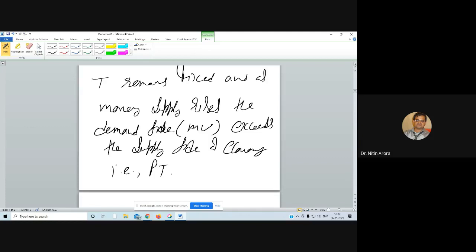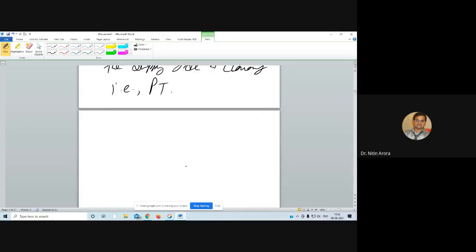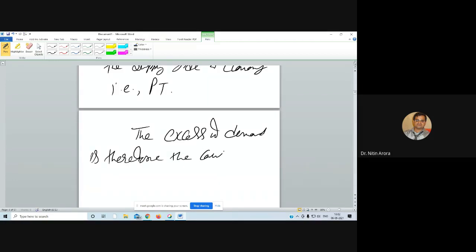So when M rises, MV increases, and PT, the supply side, falls. So excess demand is therefore the cause of an increase in the general price level.